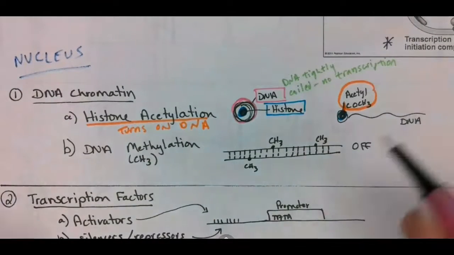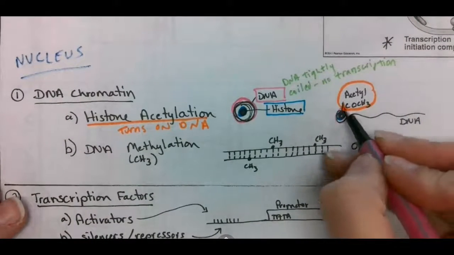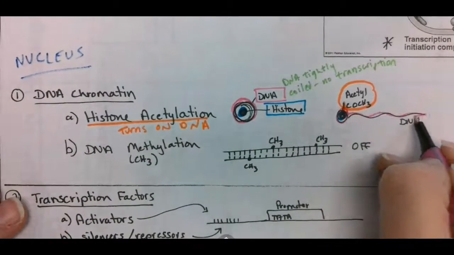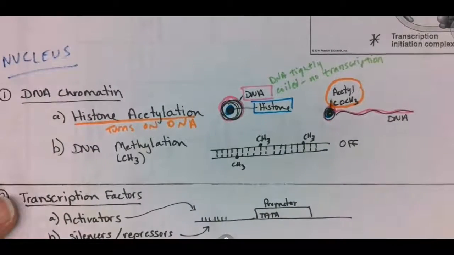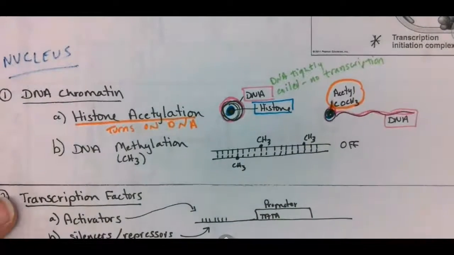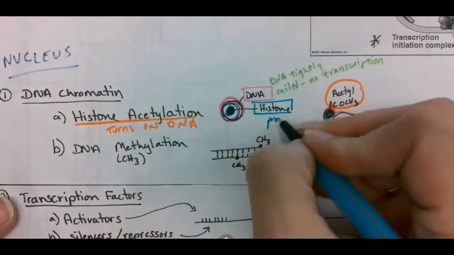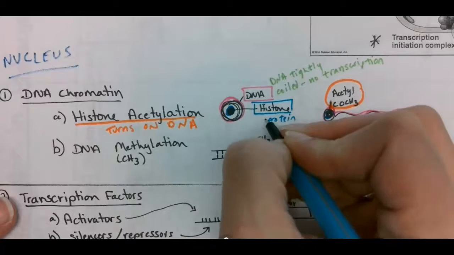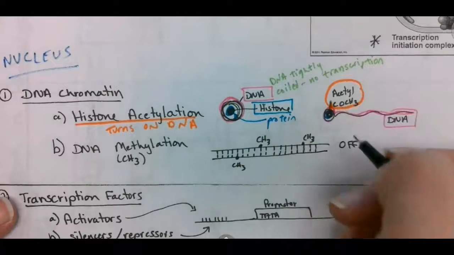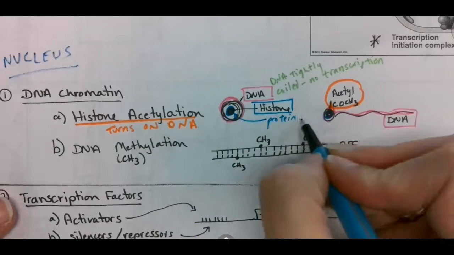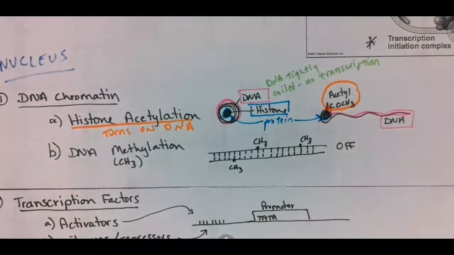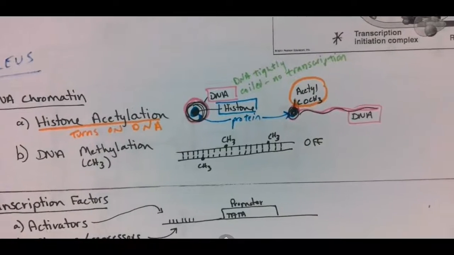That allows the histone proteins to separate from each other so that the DNA becomes less coiled up and you can see the genes here. So here again is the histone protein. When the DNA is tightly coiled around the histone protein, there's no transcription. When the DNA is less coiled around the histone protein, there is transcription. So that's why we say the DNA is turned on, and this means transcription can occur.